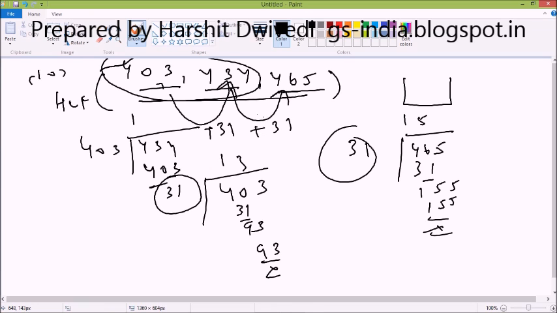So they are moving by a difference of 31. So we just have to check whether 403 is divisible by 31, and if it is, then 434 and 465 will also be divisible by 31, and by this we can also say that the HCF of these 3 quantities is 31. So my answer will be 31 kg.